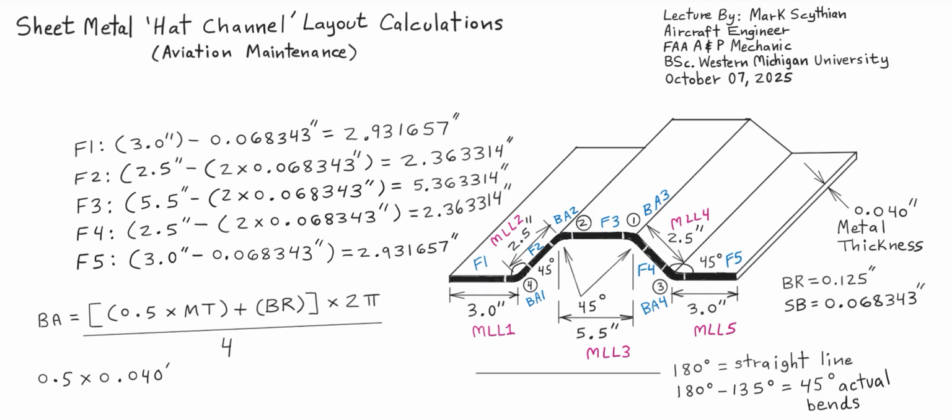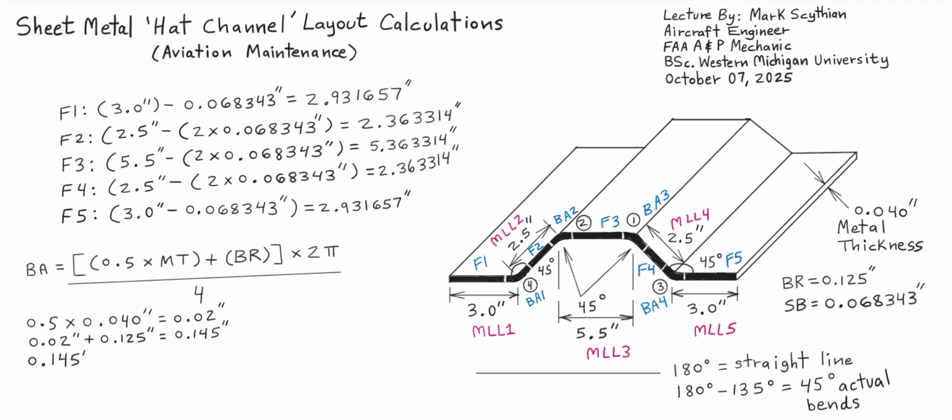So if we solve for the bend allowance in steps, we take half the metal thickness, so we get 0.020. Then we add the bend radius, 0.145 inches, and then we multiply that value times the constant of 2 pi, and we divide that value into 4.